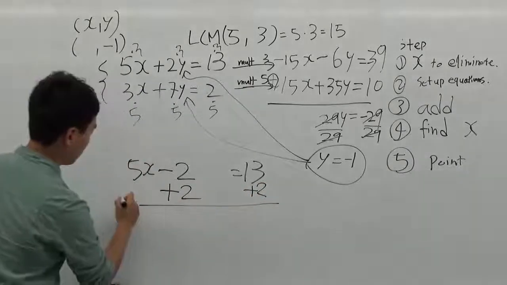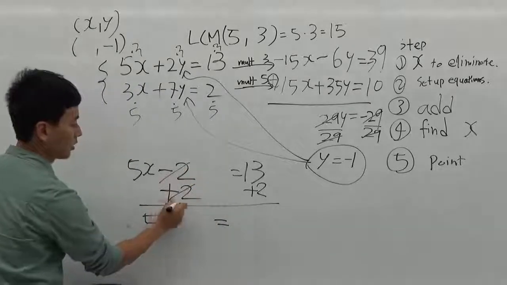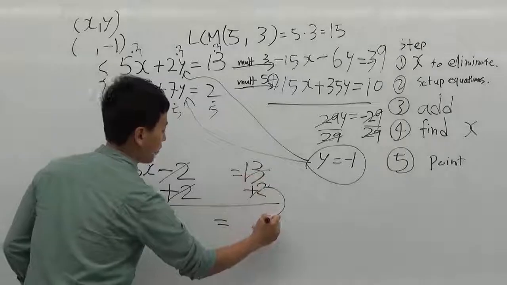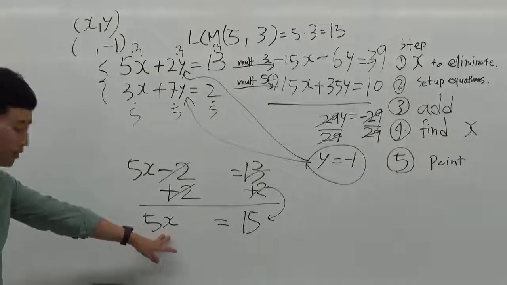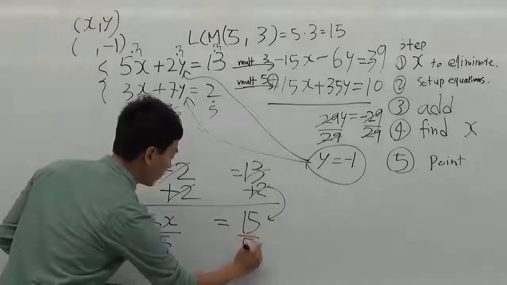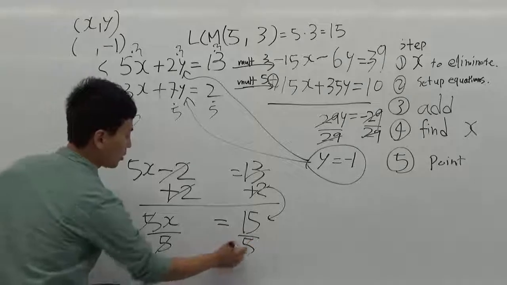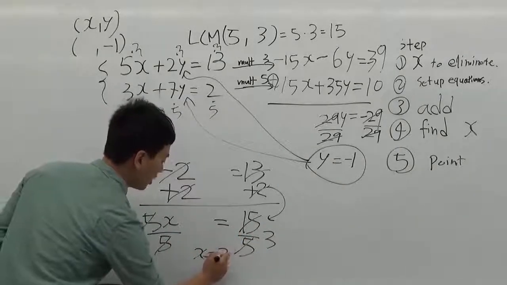So it will be 5x equals, this cancels, this becomes 15. And to get x by itself, I'm going to divide by 5 on both sides. So that cancels, and we get 3. So our x equals 3.